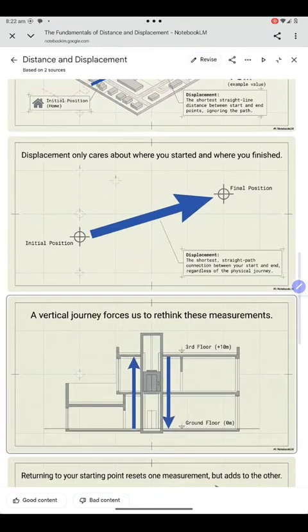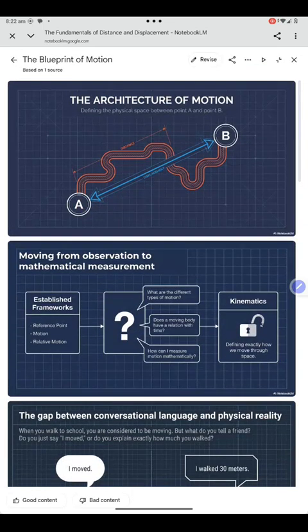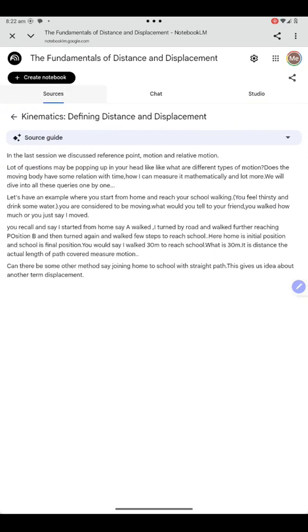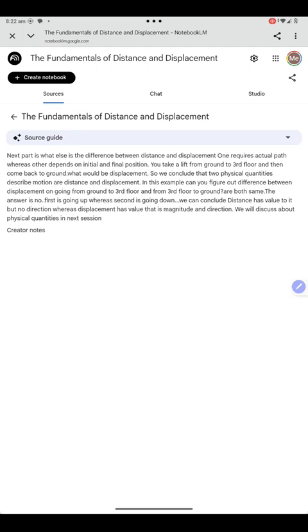Now we move to another example where you would have to think about the difference between distance and displacement. Suppose you take an elevator and move from the ground to the third floor, and then you come back from the third floor to the ground.